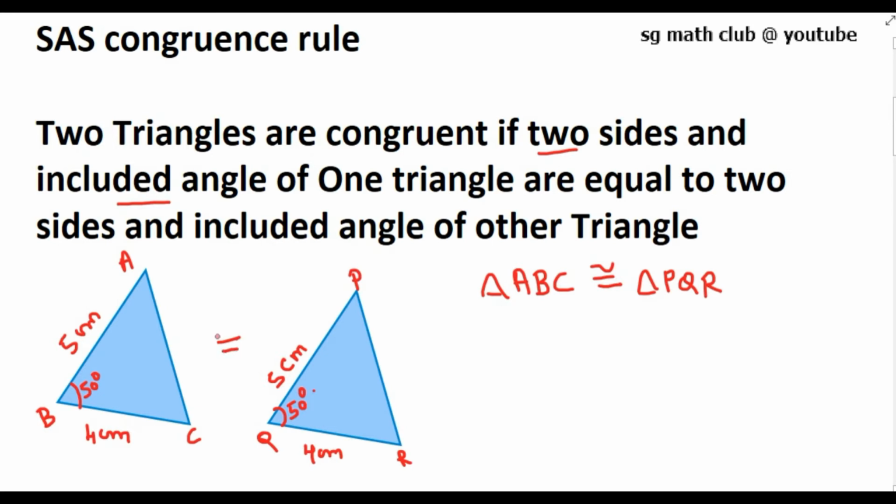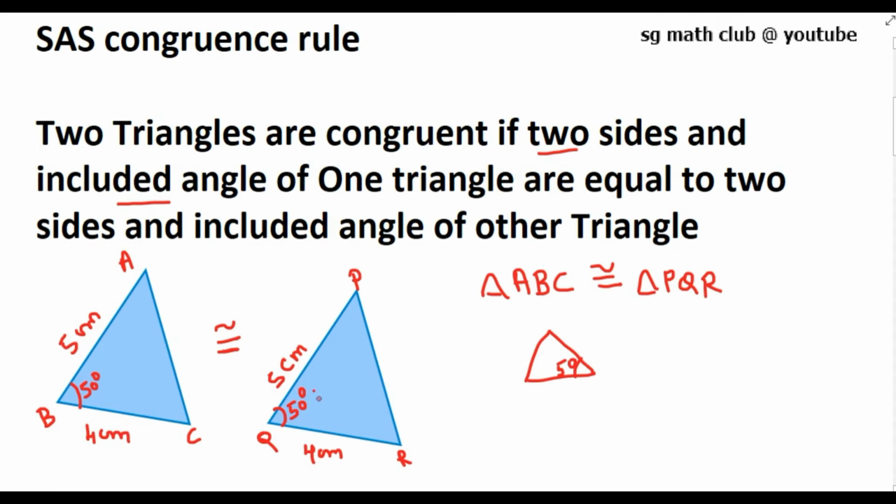We can say triangle ABC is congruent to triangle PQR, and it is very important that the angle should come in between these equal sides. If angle C is 50 degrees, then these triangles need not be congruent.